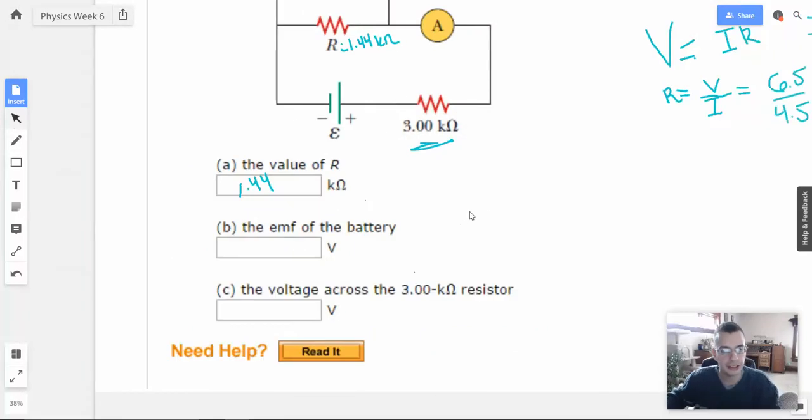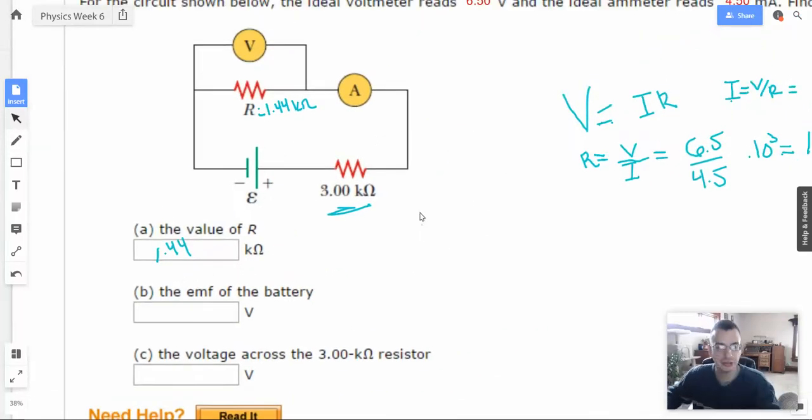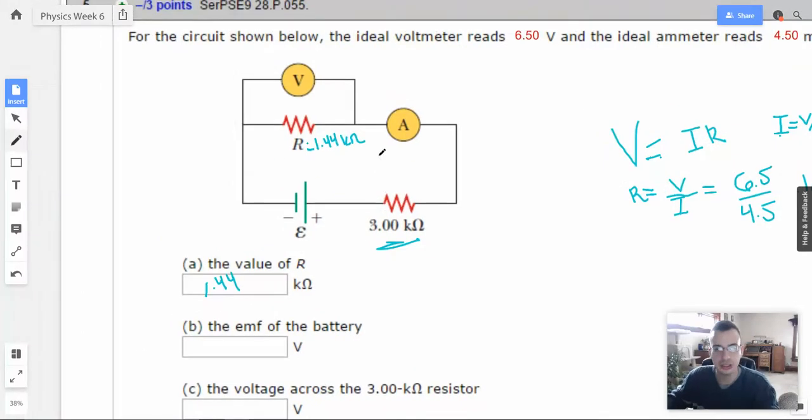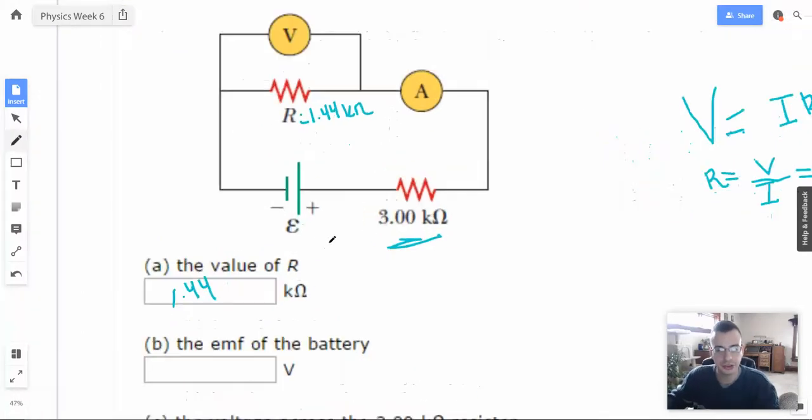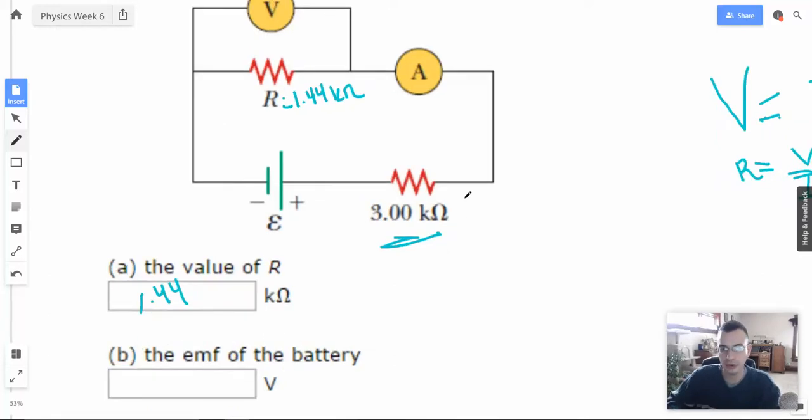Okay, excellent. Find the electromagnetic force of the battery. So there's going to be a voltage drop across each resistor. This voltage is going to start at something, and then it's going to drop by a value across this guy. So the way we're going to find the voltage drop is V equals IR.